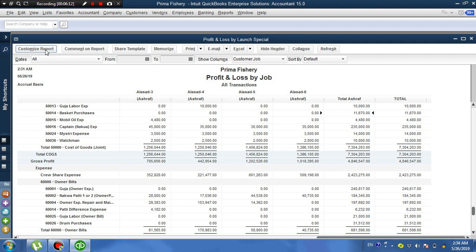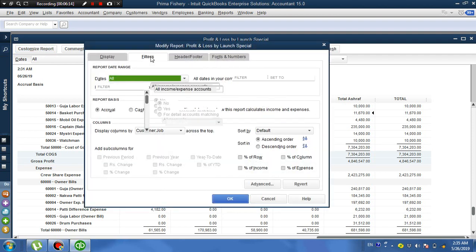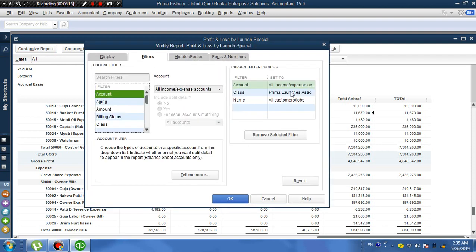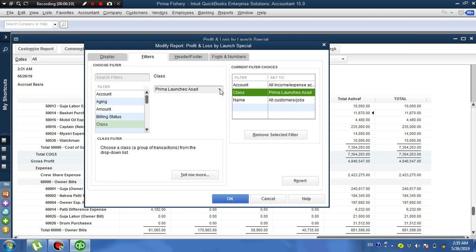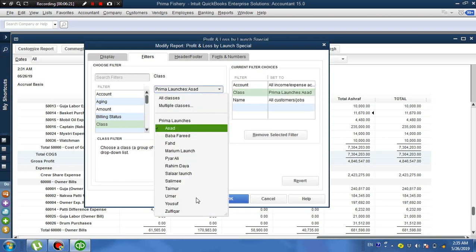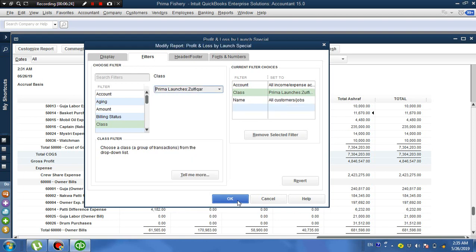Let's see which boat is not with that distributor but with some other distributor. If we see this Zulfikar, let's see under which distributor this is running.